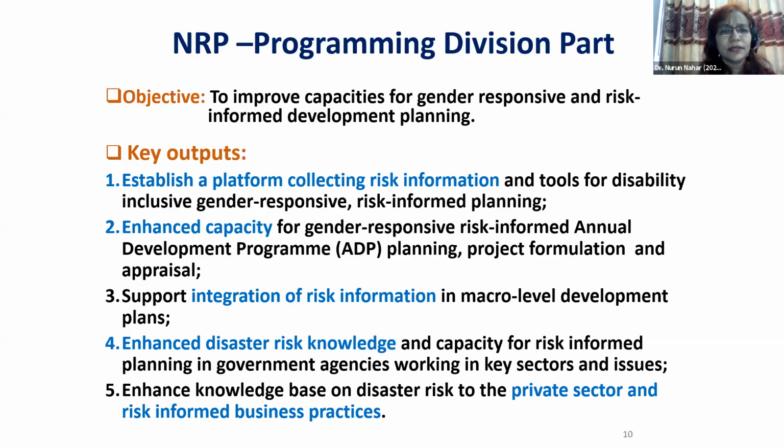And we have key outputs: we want to establish a digital platform for information to give to the planners. And there will be capacity building activities so that we can have projects in our annual development program, where we give the allocation to the projects of the different ministries and agencies.